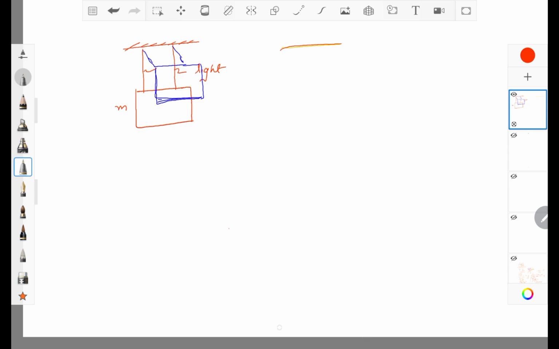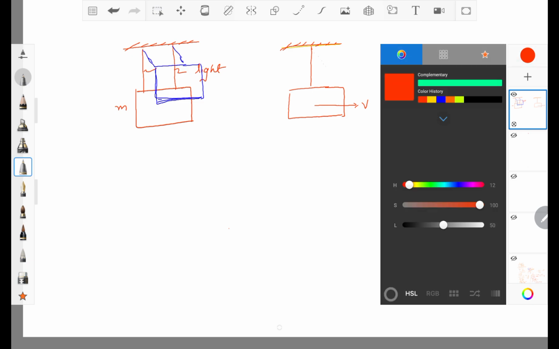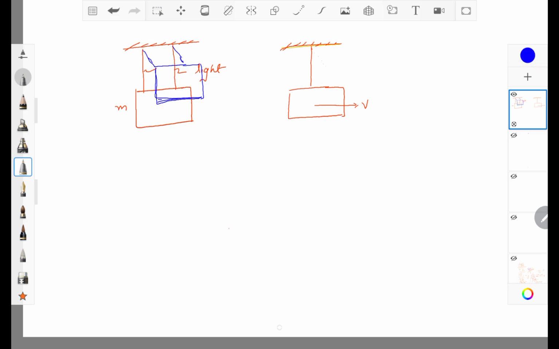The other one means the other mode of vibration in which this square is made to oscillate, keeping its position in the plane of the screen. So it is made to move this way. Yet again, with the help of a different color, I'll show you the position after some time.